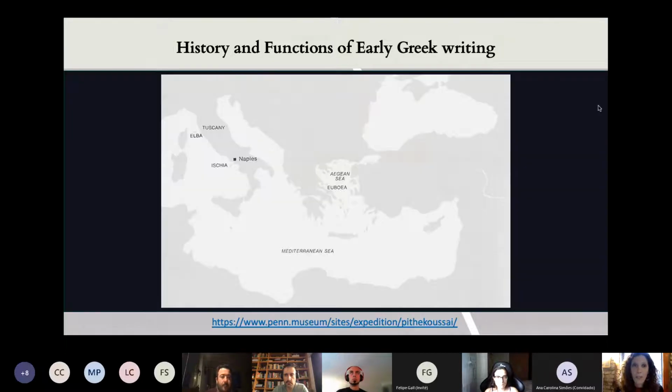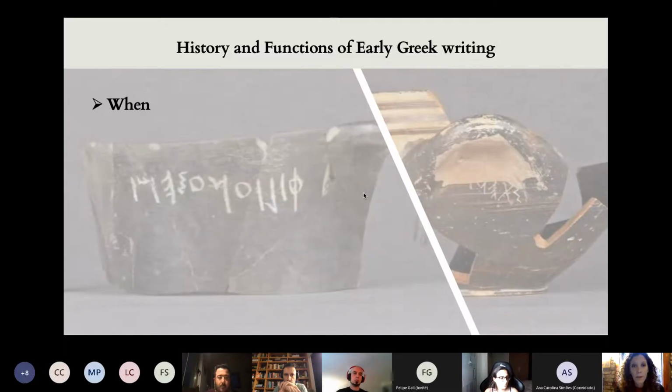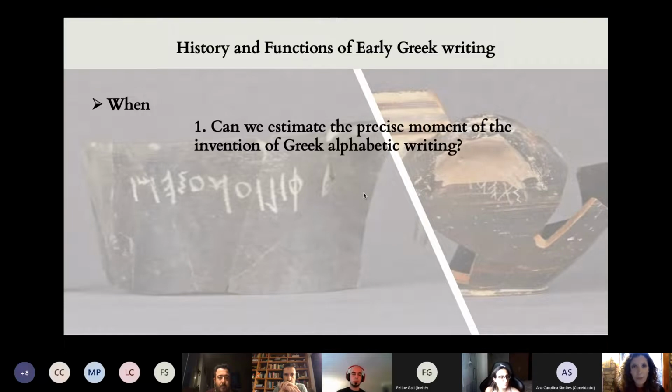I've just put up a map to show the place where Ischia is, where we found some 740 inscriptions from the second half of the 8th century. And so when we talk about the when, when the alphabet was born, we have to deal with other problems. Can we have the precise moment of the invention of alphabetic writing?